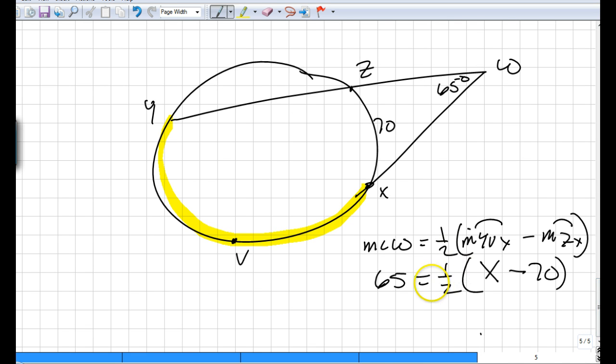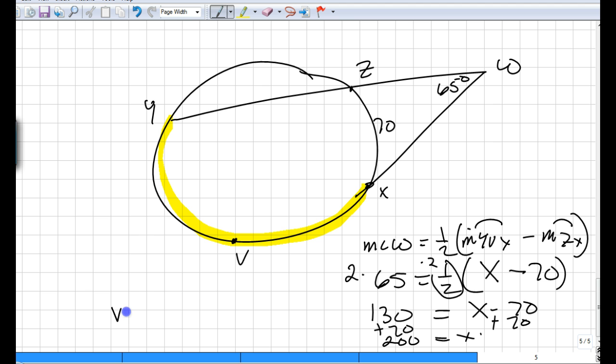I want to get rid of this 1/2, so I'm going to multiply both sides by 2. So this is 130 is equal to X minus 70. So then I'm going to add 70 to both sides. So I get 200 equals X. So measure of arc YVX is 200 degrees.